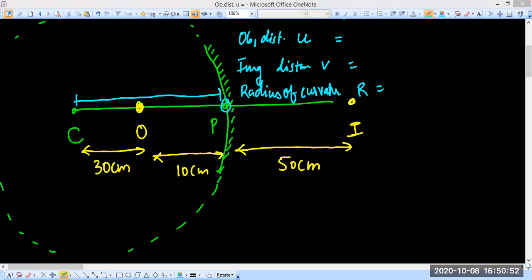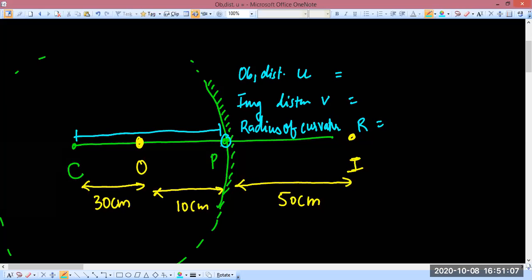People, first of all, point number one, all distances are measured from the pole, okay? So listen to this carefully.